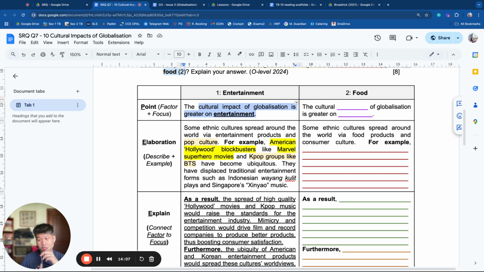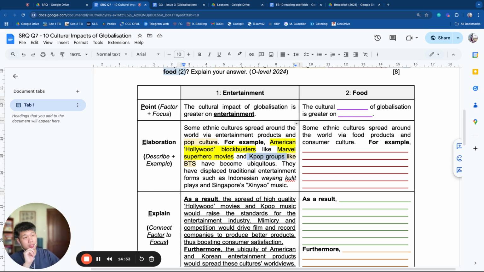And in fact, if you think about these two perspectives, you already have two very nice arguments for you. Because I think, off the top of my head, when you globalize these high quality blockbuster superhero movies and K-pop dance groups, who are very good at synchronizing their dance moves and catchy tunes, you sort of set a high standard for the entertainment industry.